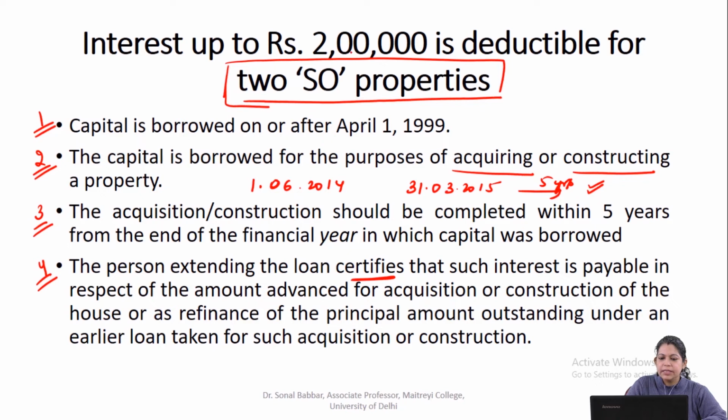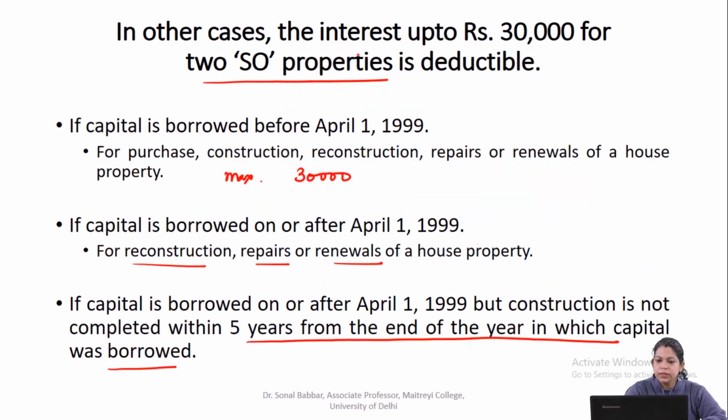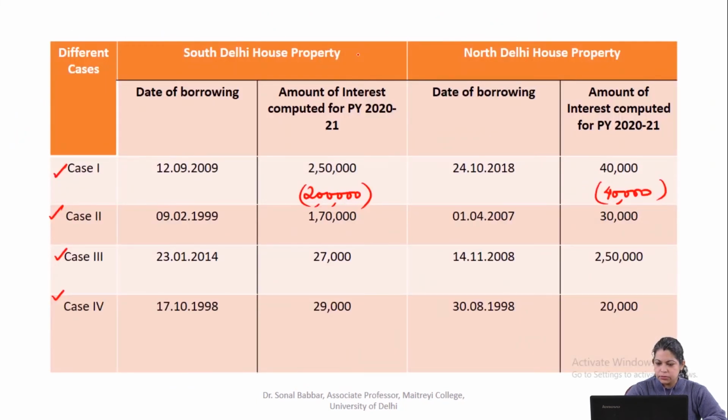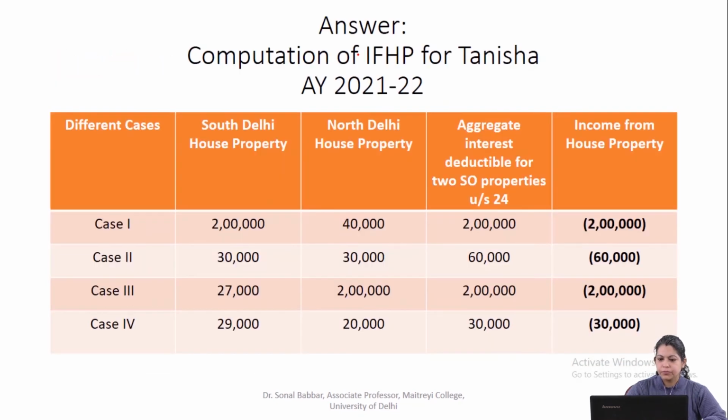So the maximum ceiling is 2 lakh rupees. However, the total here is becoming 2,40,000, but the limit of 2 lakh is set. Therefore, aggregate 2 lakh is deductible, and income from house property will be negative 2 lakh.